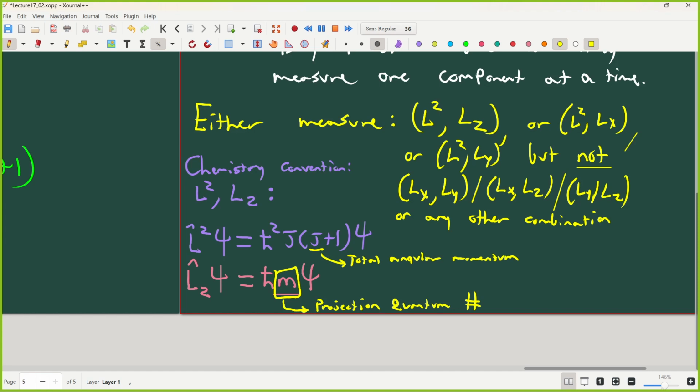We can measure the length of the momentum vector, the magnitude, which is j, and we can measure one of the directions, which is m. We'll look at the rules of this a little more, and then we'll draw the vectors on Monday, and I'll show you quantitatively and qualitatively why we can't measure all 3 simultaneously and the consequences of it. So we'll come back to that on Monday.